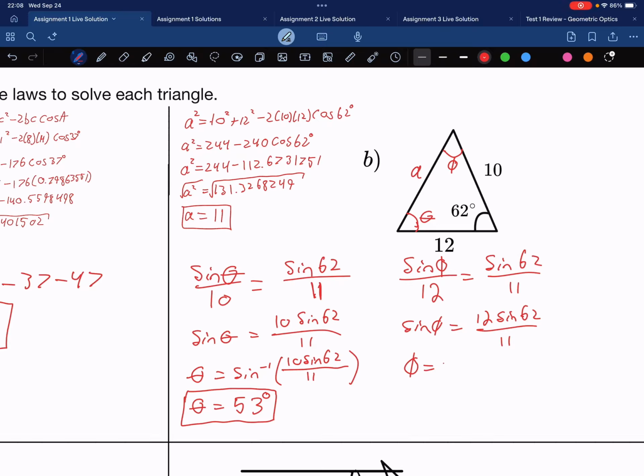And phi is equal to the inverse sine of everything on that right-hand side. So our phi ends up becoming 12 times sine 62 divided by 11. About 74 that rounds to.